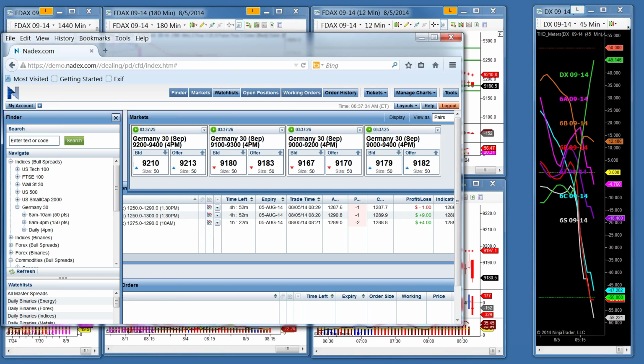We have 9,000, 9,000, 9,200. This is the closest one to price. You're going to have a 15 point risk right now. Again, if this comes down to this line, it will get closer, okay? So right now is just not the time to enter that. Do y'all see that?